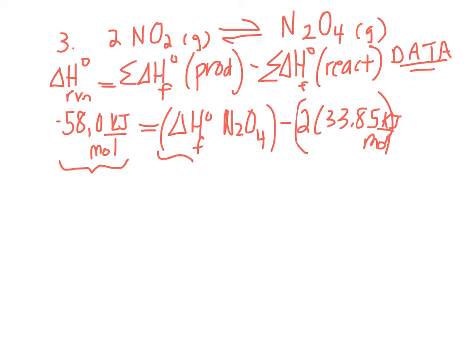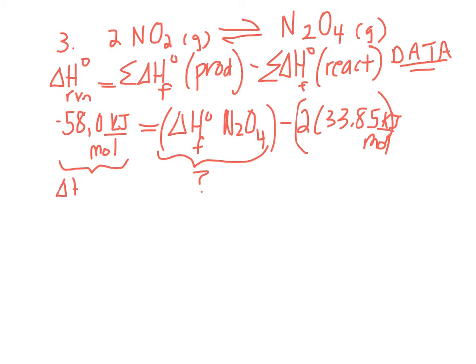We are looking for the enthalpy of formation of dinitrogen tetroxide right here. And we were given the enthalpy of formation for nitrogen dioxide. So setup is the same. Big parentheses for everything to include the products first, then big parentheses to include everything for the reactants next. Okay, so now it's just a matter of solving the math.